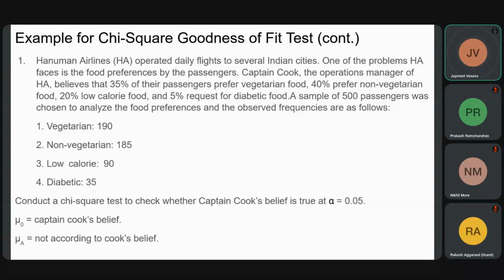A sample of 500 passengers was chosen to analyze the food preferences, and the observed frequencies are stated. Vegetarian has 190, 185 for non-vegetarian, low calorie 90, and diabetic 35. The operations manager expects that 35% of passengers prefer vegetarian food, 40% prefer non-vegetarian, 20% prefer low calorie, and 5% requested diabetic food.